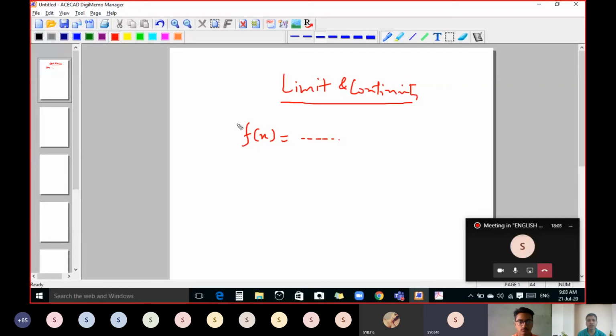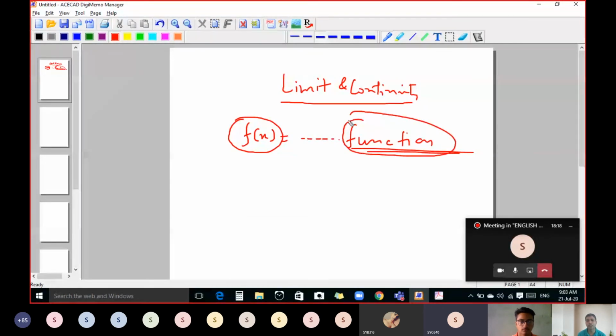Now the question is, what is the definition of function? So in simple terms, we can say that function is the relationship. It shows the relationship among the variables.